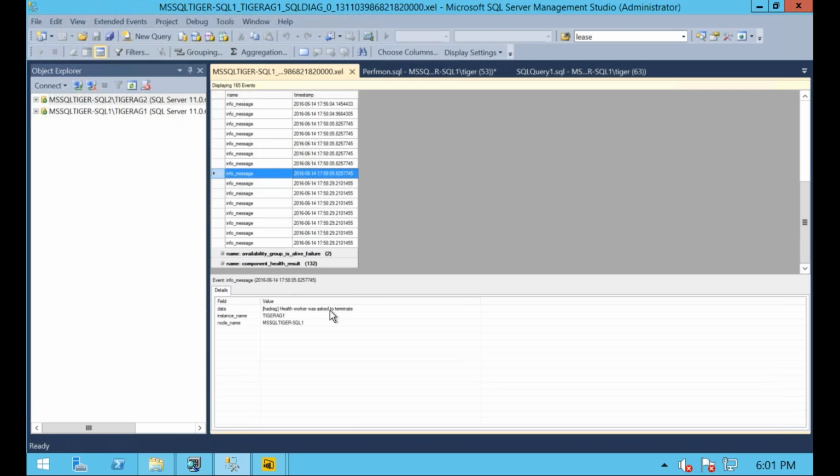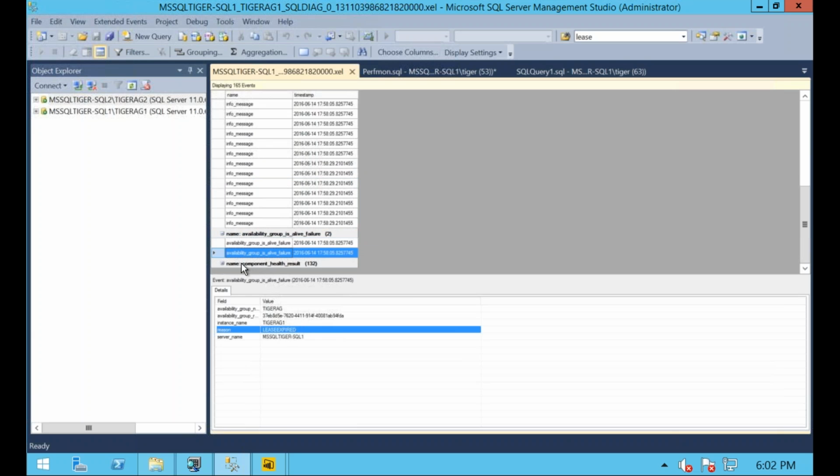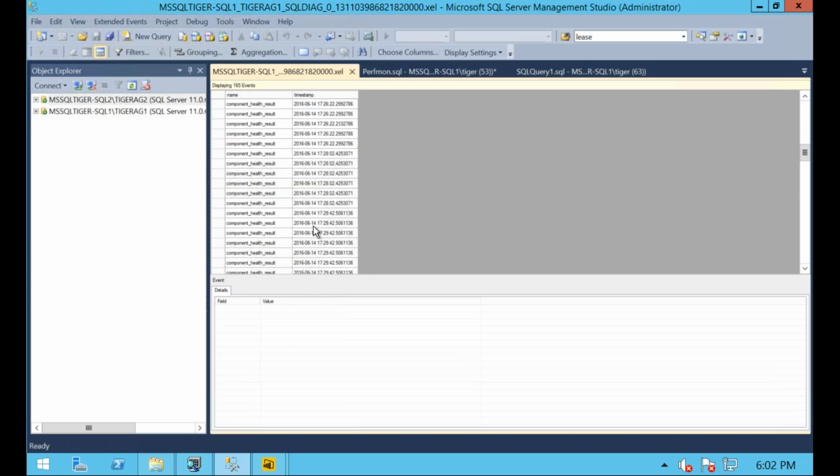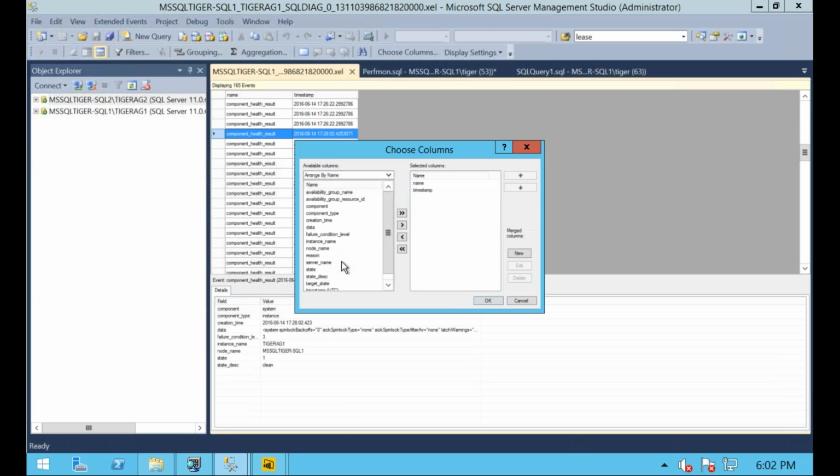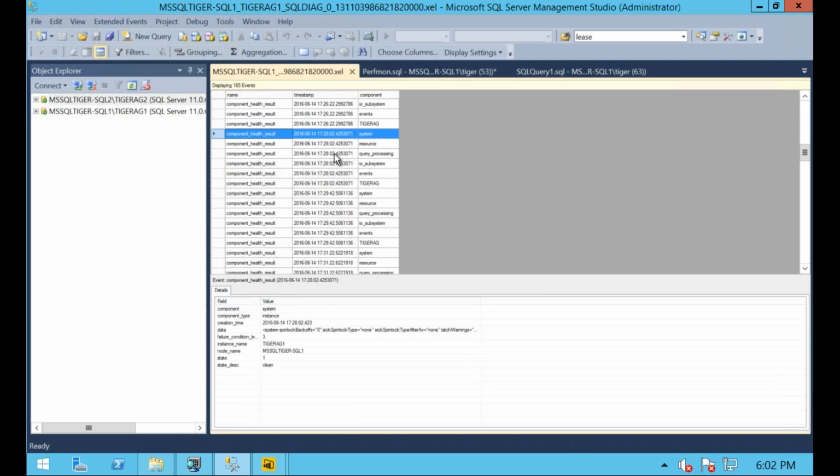So health worker was asked to terminate. And then you get the availability group is a live failure. You see lease expired right at that time. And what's useful at that time is the component health results. So let me add some more columns. So you get to see the component health results.